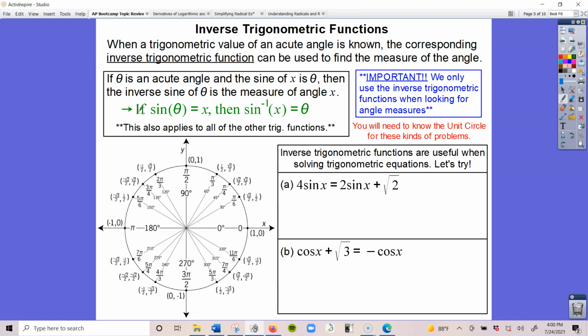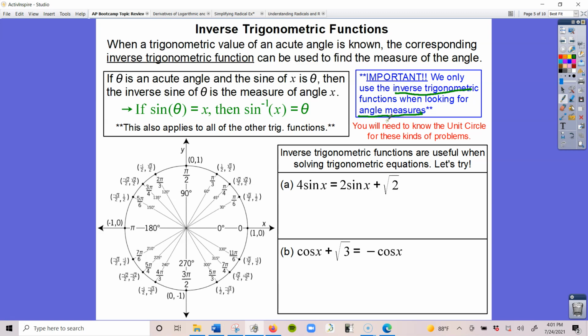So I have here in green, if the sine of theta is equal to x, remember theta represents the angle and x represents a side or anything else, then the inverse sine of that side ratio is going to equal the angle. And I put here in blue, we only use the inverse trigonometric functions when you're looking for an angle measure.